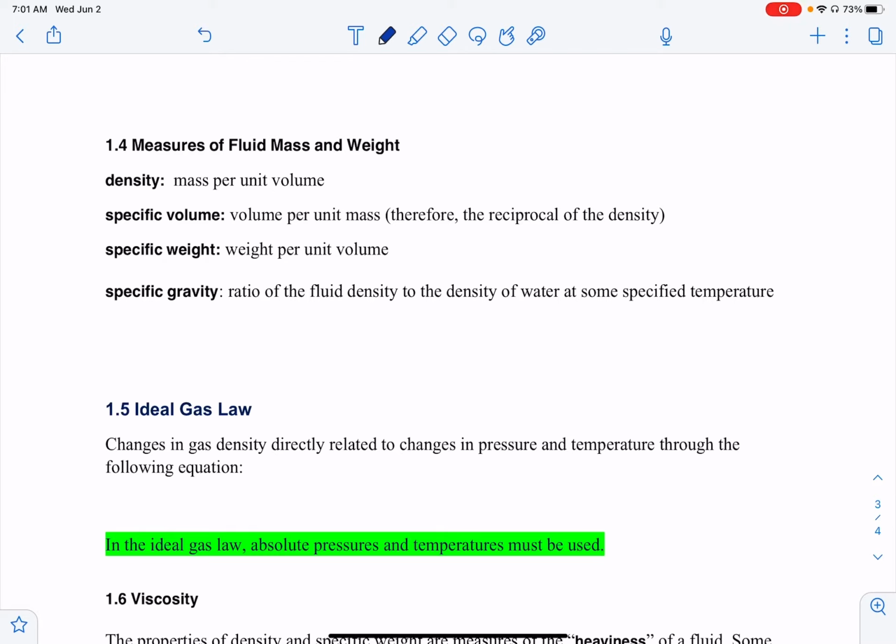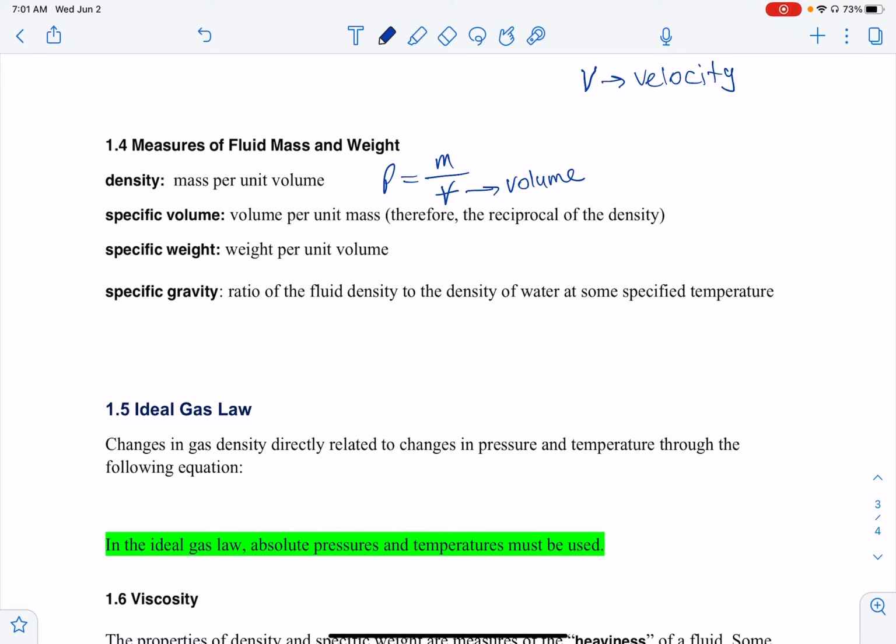The density is mass per unit volume, and the formula is rho equals m over v. This is volume. In this book, when we want to write volume, we write it like that, and if we write it this way, it's going to be velocity.